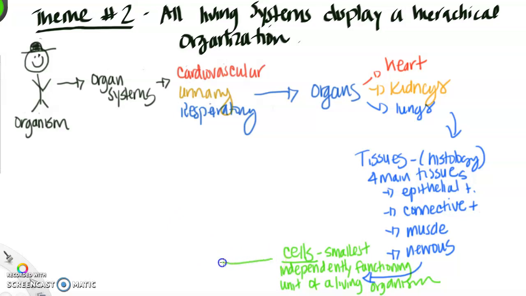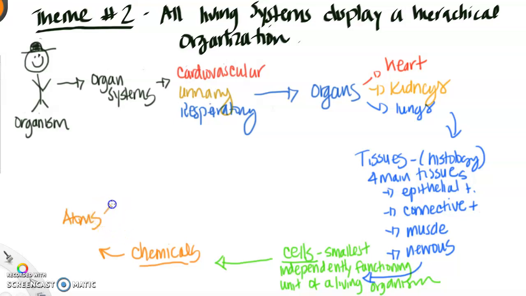Cells are made out of something. Cells are made of chemicals. And chemicals are made out of atoms.